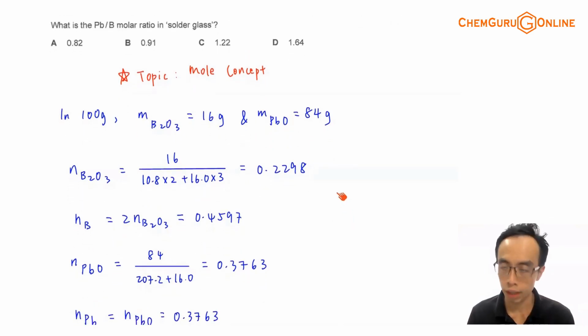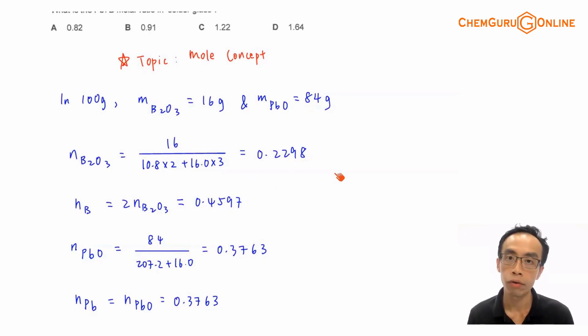Now, since everything is in percentages, let us work with 100 gram. In 100 gram, since the percentage mass of B2O3 is 16%, the mass of this will be 16 gram, and the mass of lead(II) oxide will be 84 gram. Work based on 100 gram, that is easier for us to calculate.